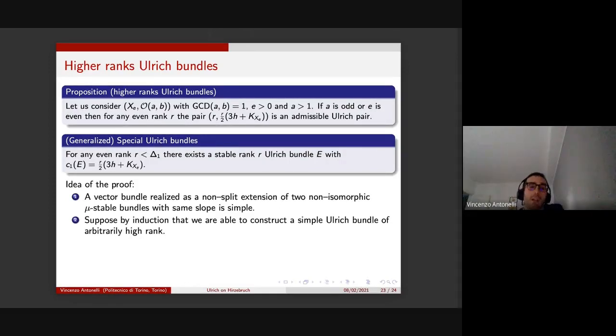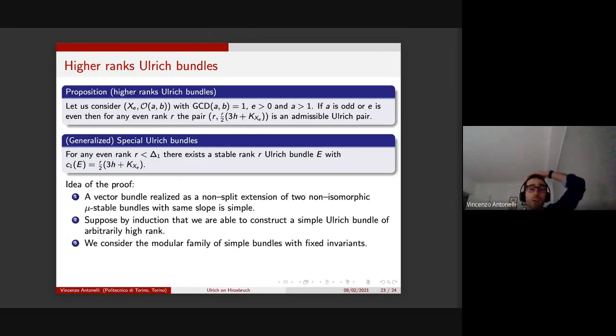So you start by taking an extension of 2 special Ulrich bundles, so rank 2 special Ulrich bundles. The existence is settled by the previous theorems. And you obtain something of rank 4. By induction, you can construct a simple Ulrich bundle of arbitrarily high rank.